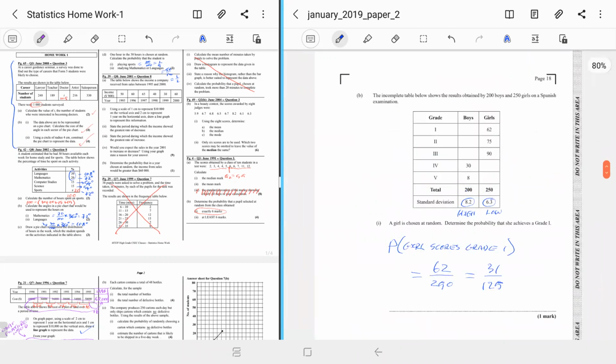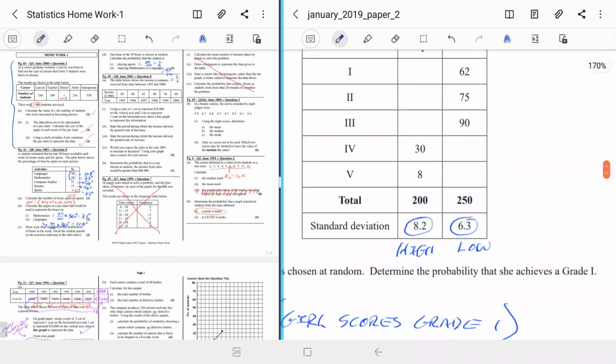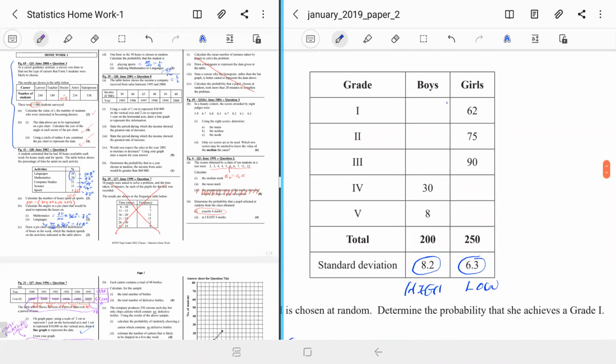So the ones who scored from grade 1 to 3 are all 38 over 200. Wait. Think, listen to the question. It's asking you for the percentage of the students who scored from grade 1 to 3. So, sir, is it going to be 162 over 200 times 100? Exactly.